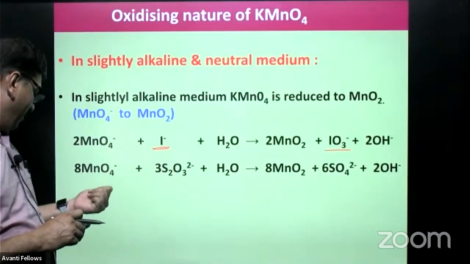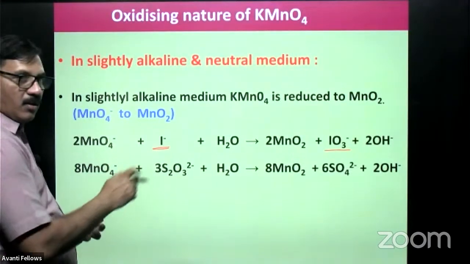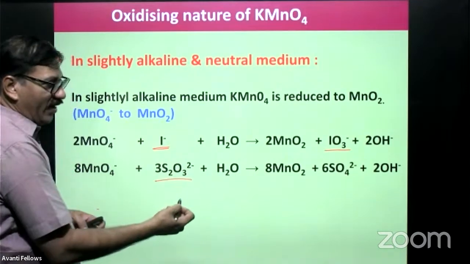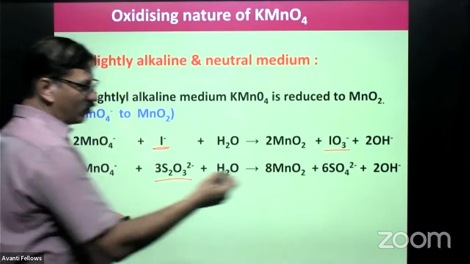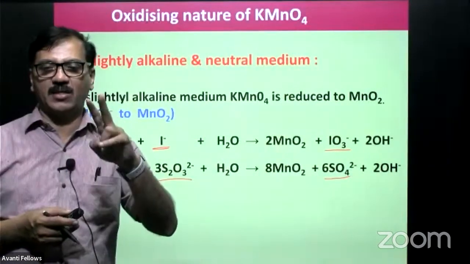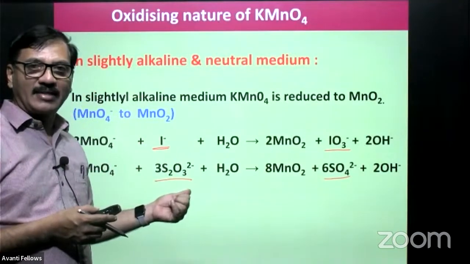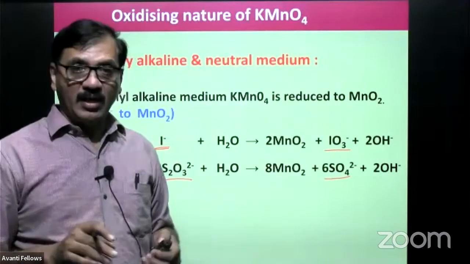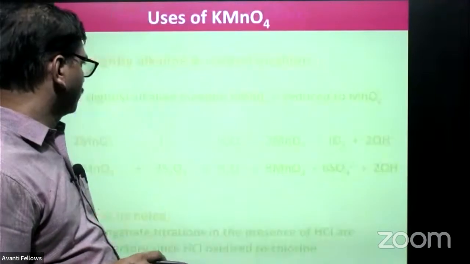That's the only way we can do. MnO4 minus ion in basic or neutral medium converts thiosulfate ion, S2O3 2 minus, into sulfate ion. So when I say basic medium or neutral medium, there are two equations given in the textbook also. These are the things to be remembered and practiced.